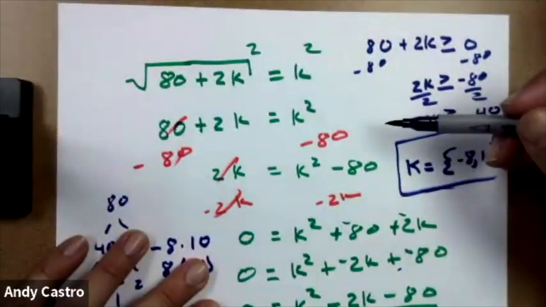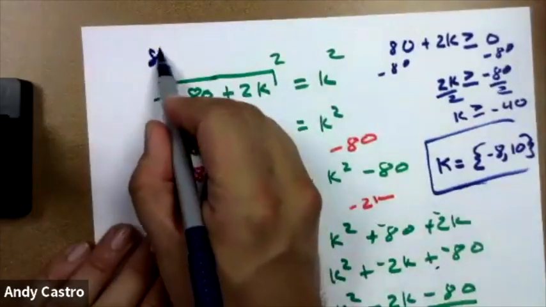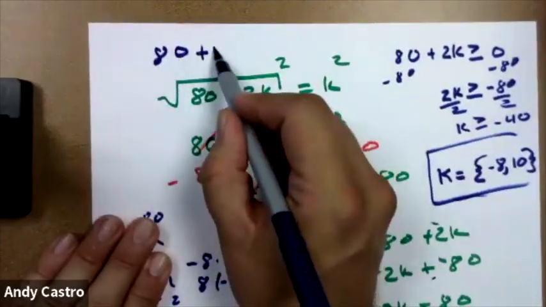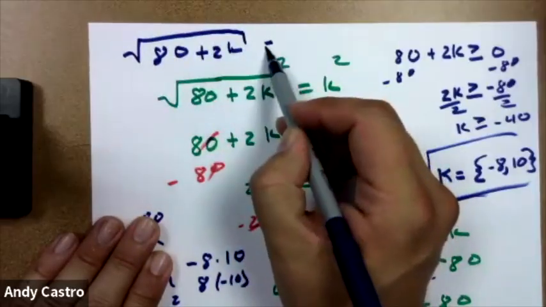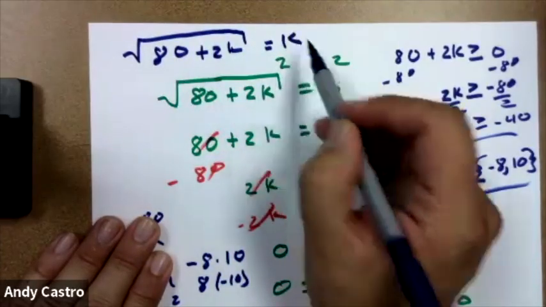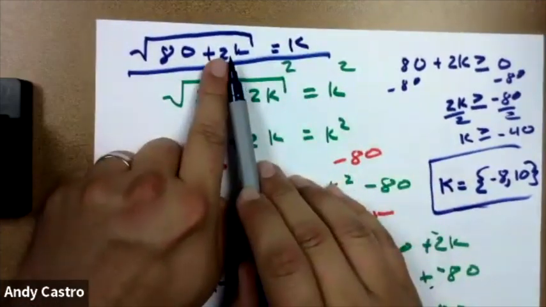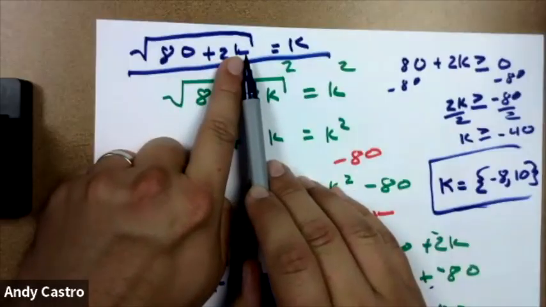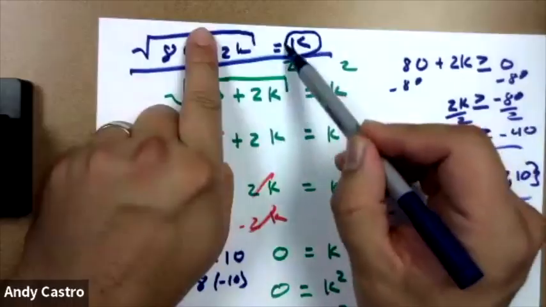Oh, maybe it has to do with the original equation. Okay, look at this original equation. If I plug in -8 for k, whatever I get in here can never be a negative.